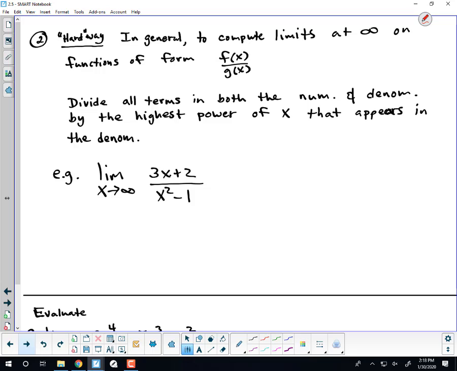So, I guess functions of the form f of x over g of x when there's powers of x involved would make more sense. But for example, this one we just computed, the longer approach is to look at the limit at infinity, and since the highest power of x in the denominator is x squared, we're going to divide all of these terms by x squared.